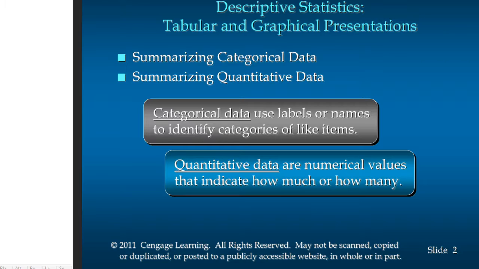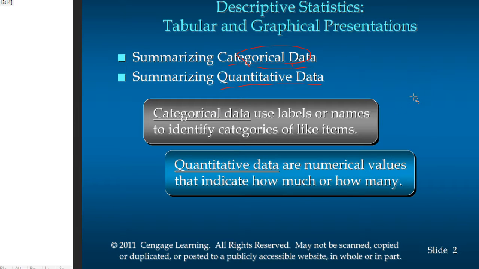Categorical data is non-number form of data, like your name, your major, nationality, eye color, and stuff, right? Categorical means non-number form. Quantitative data, however, is number form.